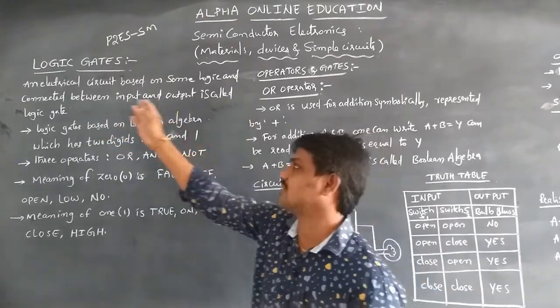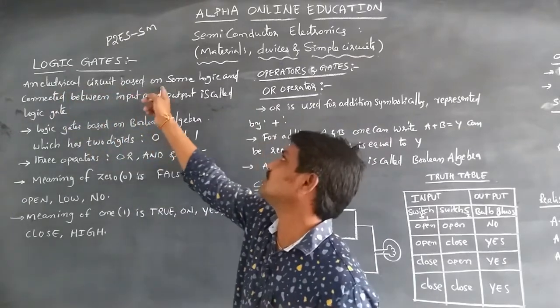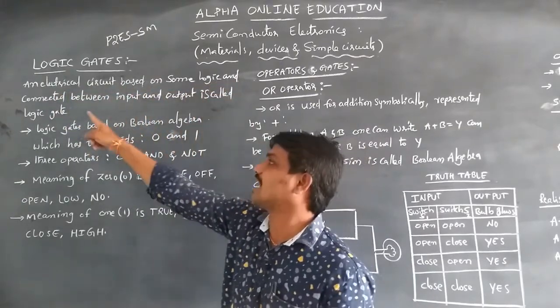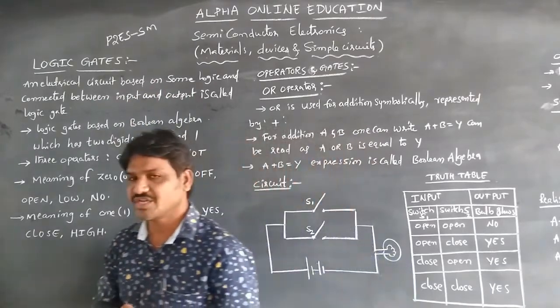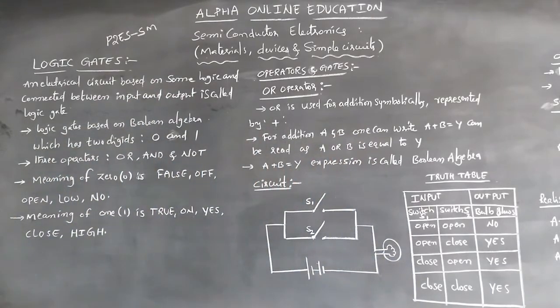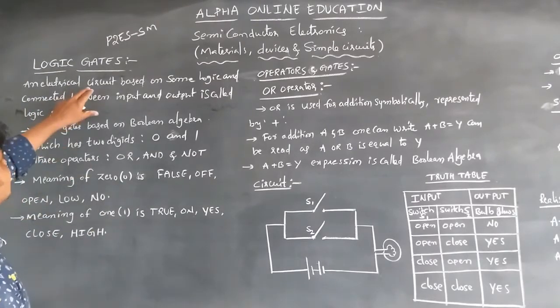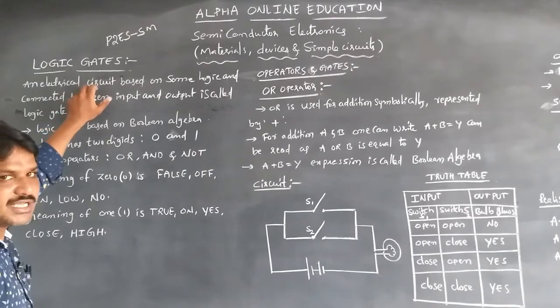Here we are given an electrical circuit based on some logic, connected between the inputs and outputs. It is a circuit which is used to process digital signals.